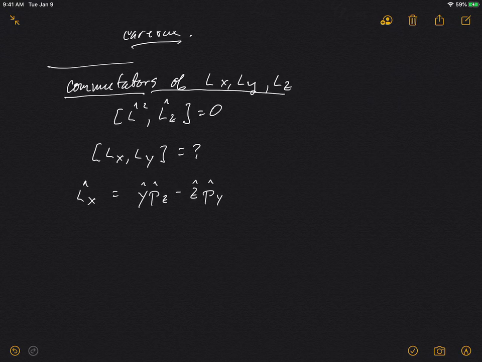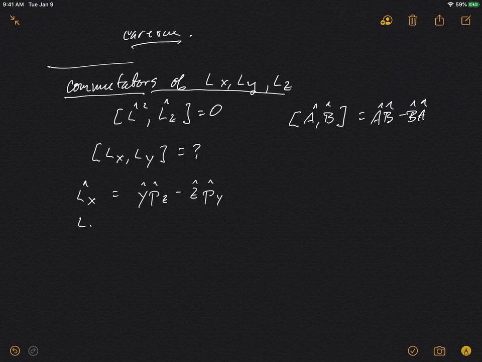You notice that these look a little bit like a commutator, but these come right out of the determinant form of the vector cross product. They are reminiscent of a commutator. You remember that a commutator, if you have two operators A and B, is going to be AB minus BA.